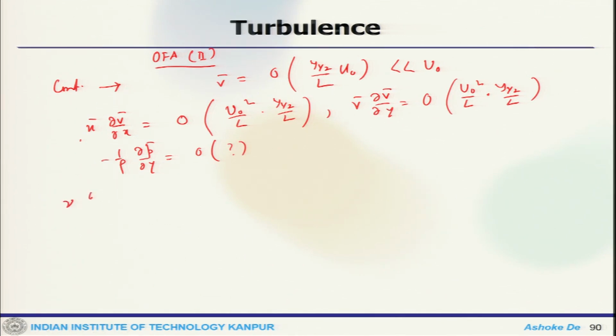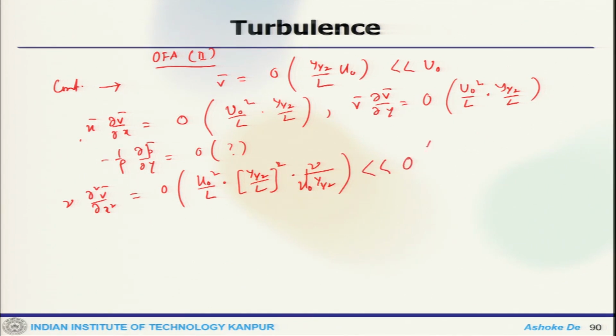Then the diffusion component with del squared by del x squared would be of order u naught square by L times y half by L squared times nu by u naught y half, which is quite smaller than u naught square by L times y half by L, which is cubed.